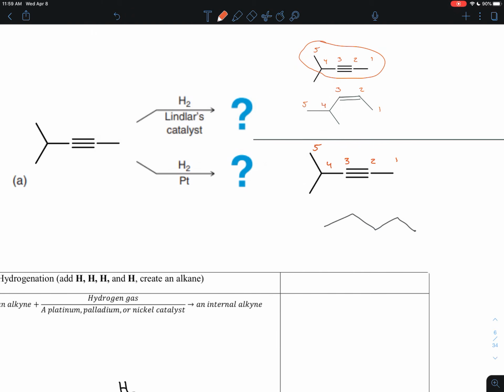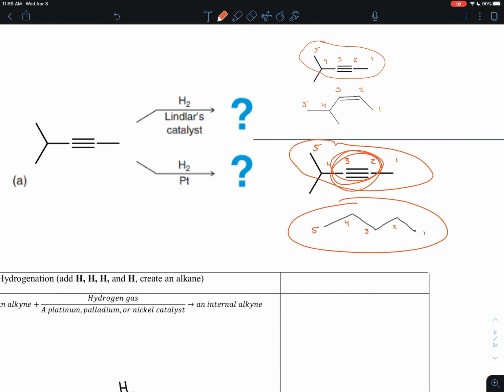Notice that this triple bond between 2 and 3 became a single bond there. Off of carbon 4, we need a methyl group, so I'm going to put a methyl group coming off of carbon 4, and that would be the product you'd get. And so I'll erase this first.